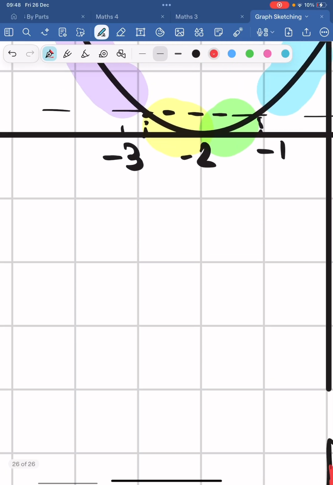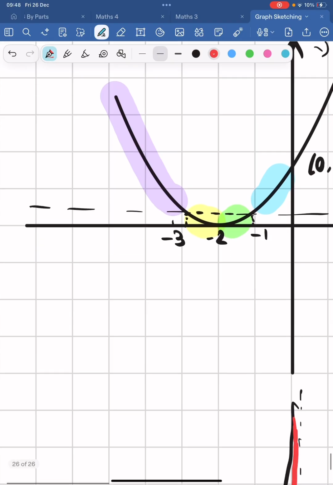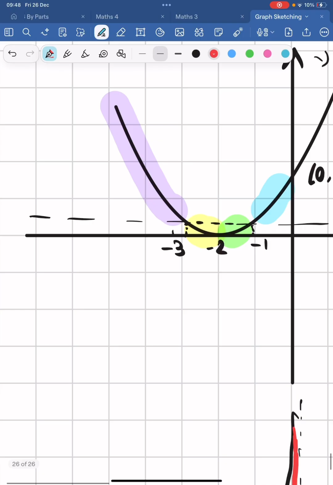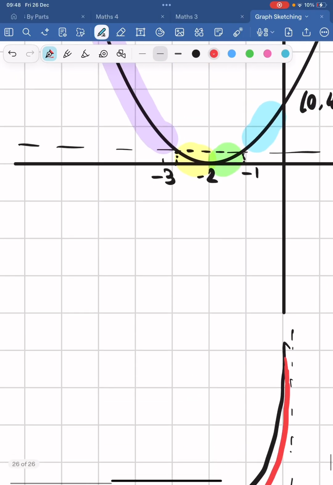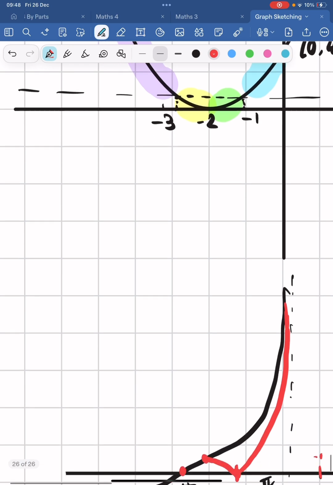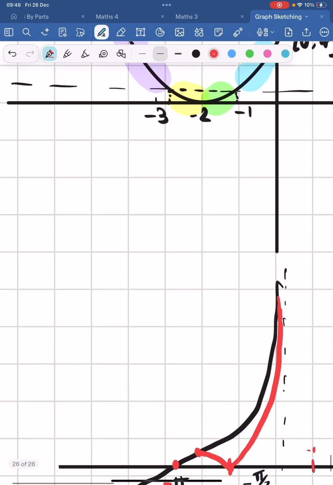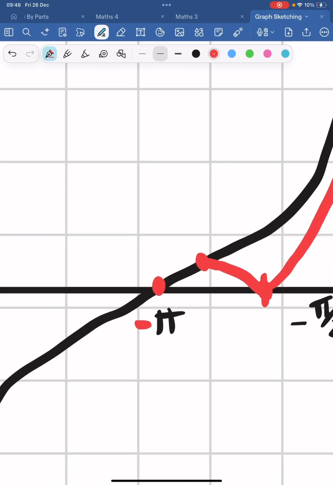Now, our final region to consider is the purple region where x plus 2 squared is greater than 1. So if we go here, this point here, what was this?